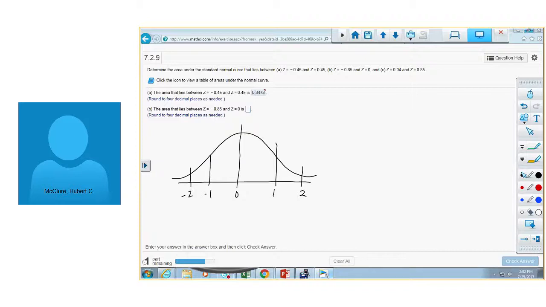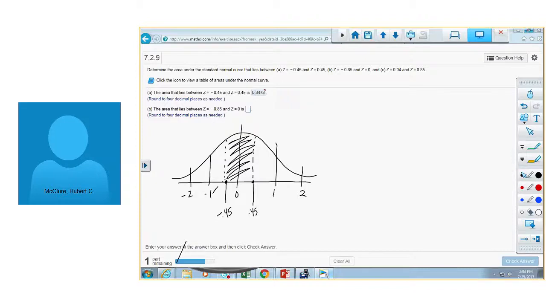And they want to know between negative 0.45 and 0.45. Well, this is 0.5, so 0.45 would be right here. Negative 0.45 and 0.45. So they want to know this area right here.